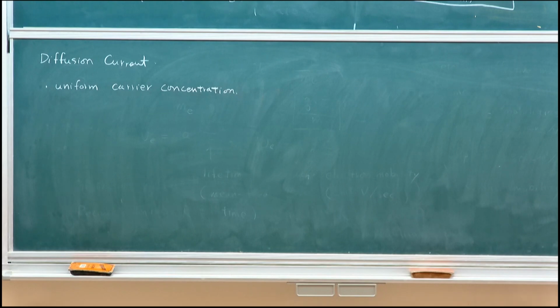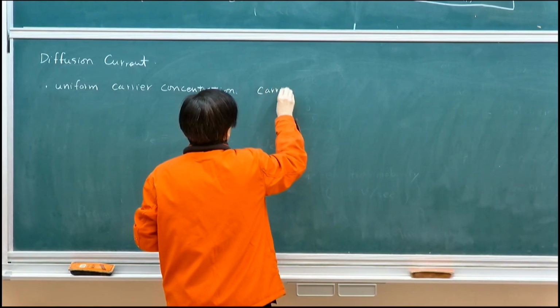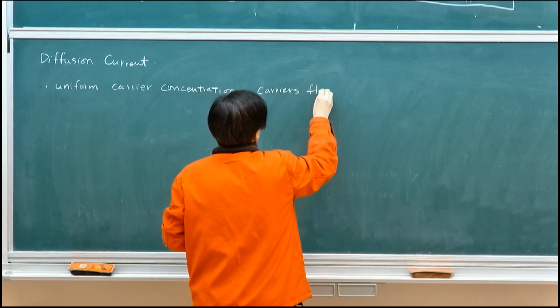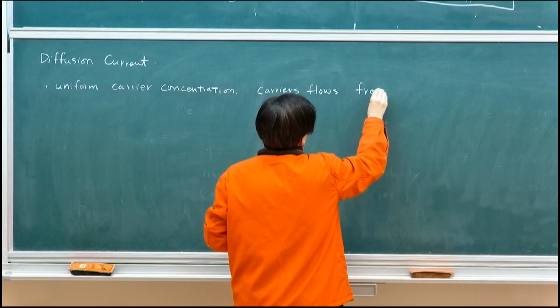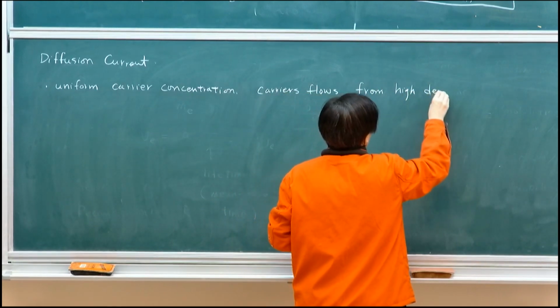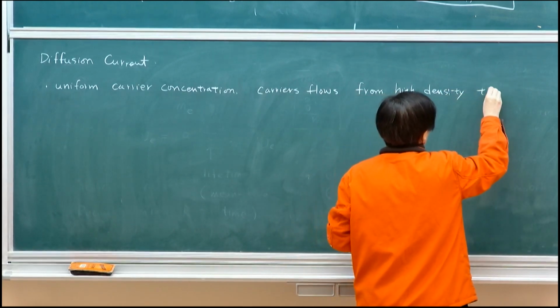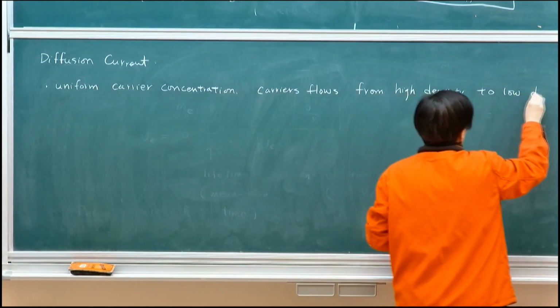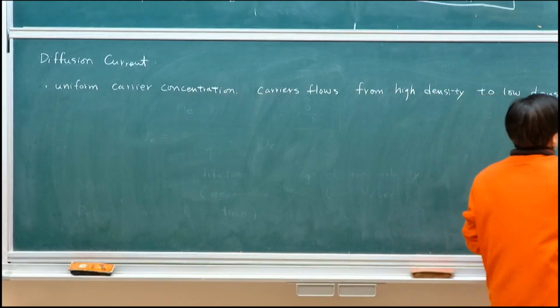So you would then have non-uniform carrier concentration, and the carriers will flow from high density to low density regions, right? So this is the simple law of diffusion.